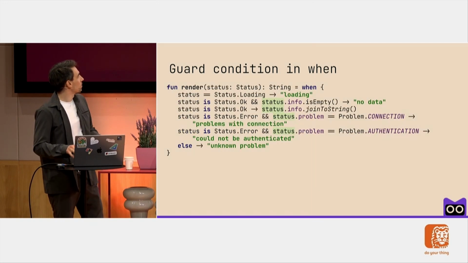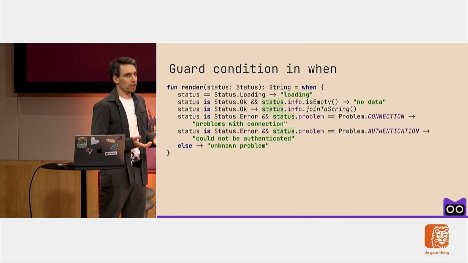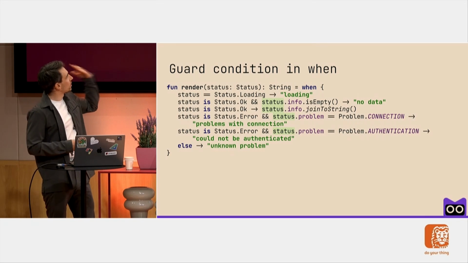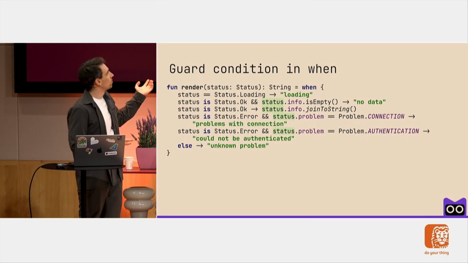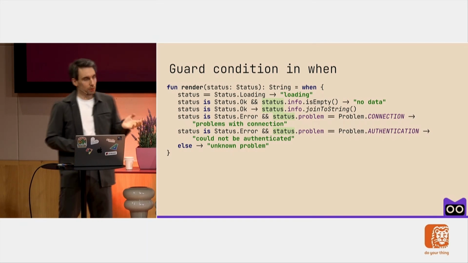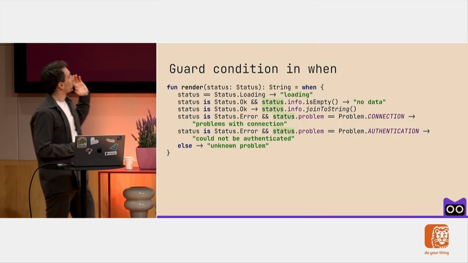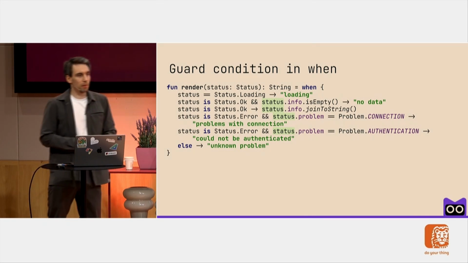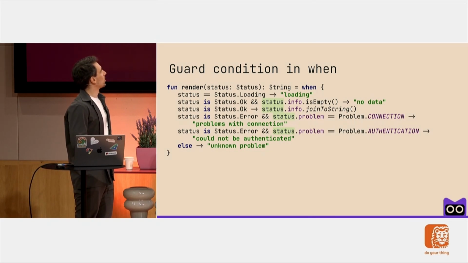And today, in order to write some sort of render function, which takes the status object and checks all the branches with some conditions, we have to write some code like this, which is more or less absolutely fine. But of course, we have a lot of repetitions here. We have to repeat the status parameter all the time. We have to repeat the status qualifier, and so on.